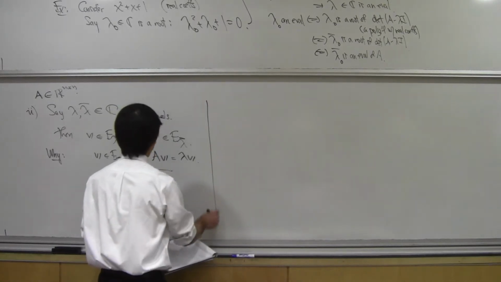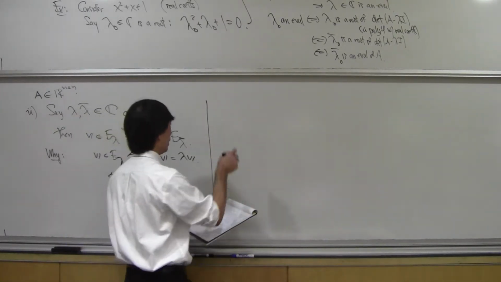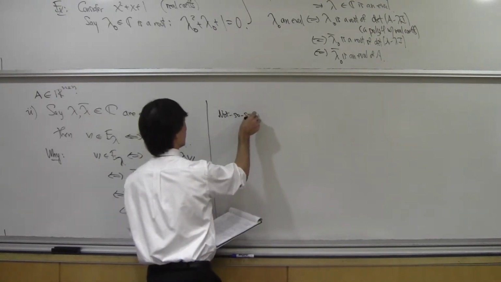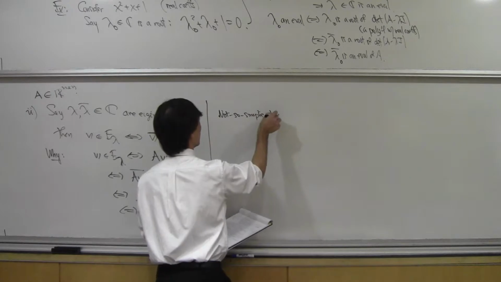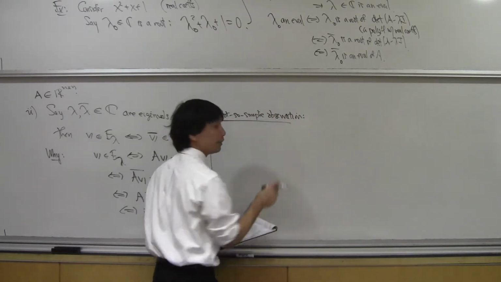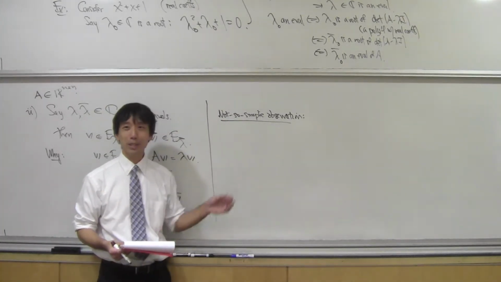The last thing in this chapter is what I would call a not so simple observation. If we want to prove it, it will probably take the rest of class.